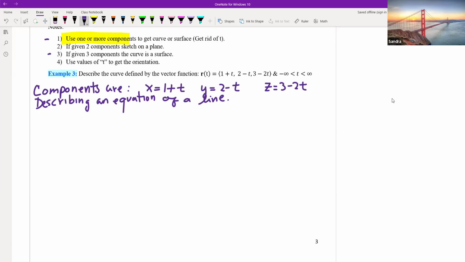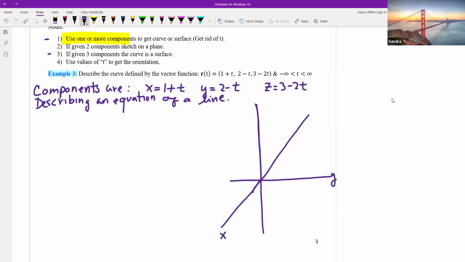Okay, so now since I have that, I am ready to draw my z, my x, and my y. Okay, I have certain things in here, so things that I can make an observation about very quickly.